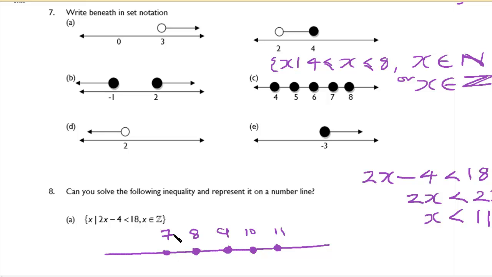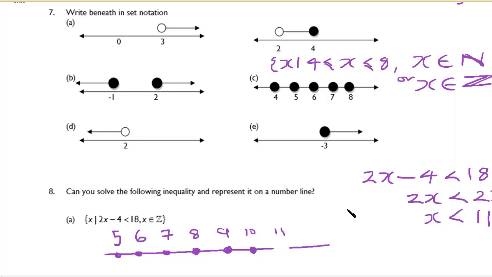Sorry, I've made a mistake. Can you spot the mistake? I said I wasn't going to include 11. So I'm just going to get my small eraser, and maybe we can just rub some of this out. There we go.